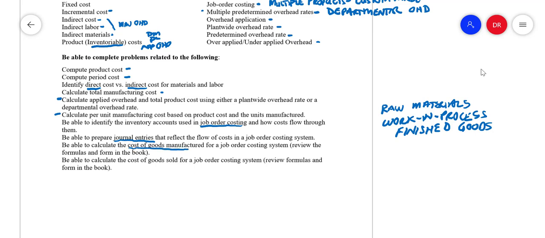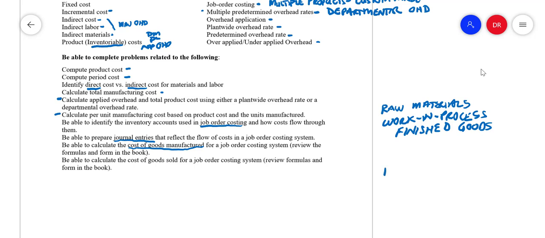Now, I'm going to tell you that we're not going to have you prepare a cost of goods manufactured statement, but understand what goes into cost of goods manufactured. So, for example, in your note card, I mentioned you want to have specific formulas.